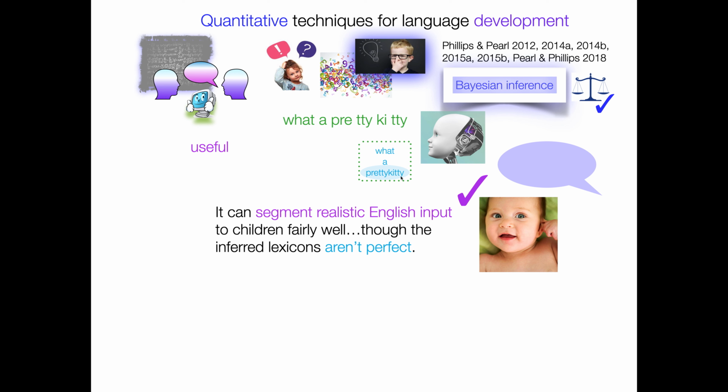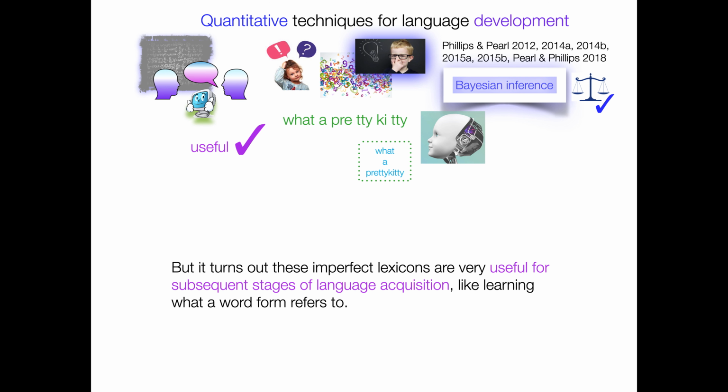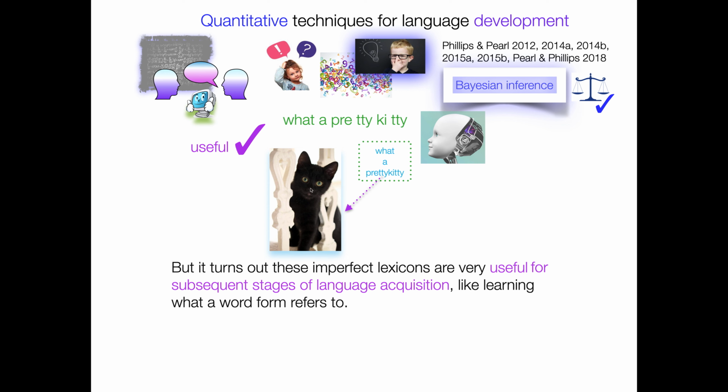So it's not perfect, but it's pretty good. And it turns out, in particular, that these imperfect lexicons, like having pretty kitty as a single word, are actually very useful for subsequent stages of language acquisition, like learning, once you have these little words in your lexicon, what they refer to in the real world. Like pretty kitty maybe refers to this guy right here.